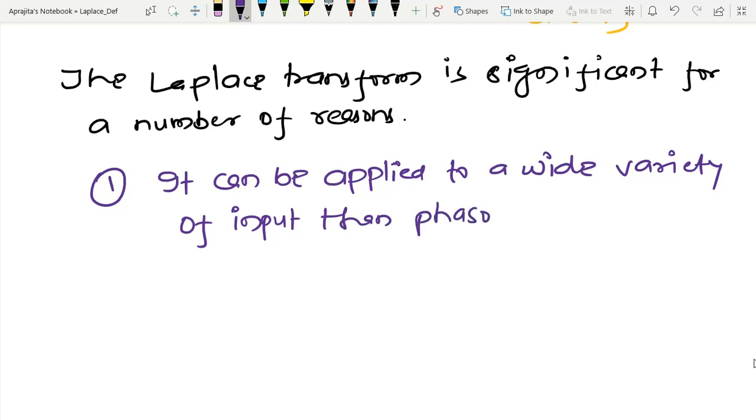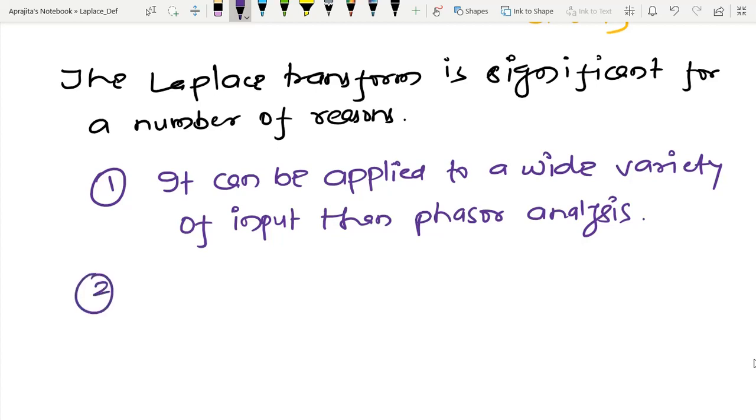In phasor analysis, our input should be sinusoids, but using the Laplace transform, I am going to relax this restriction.